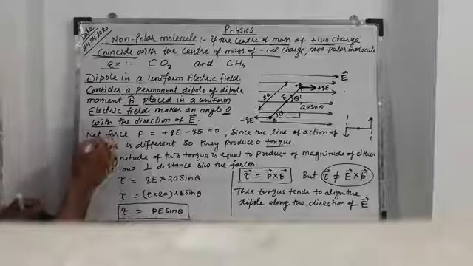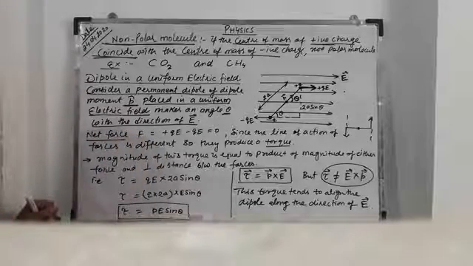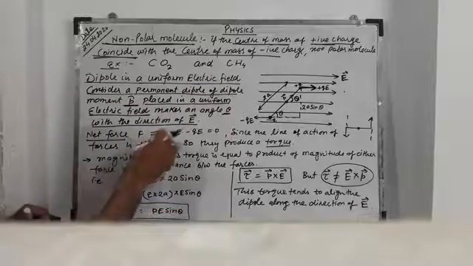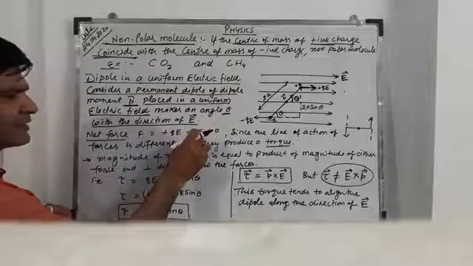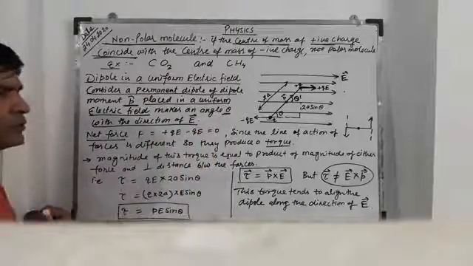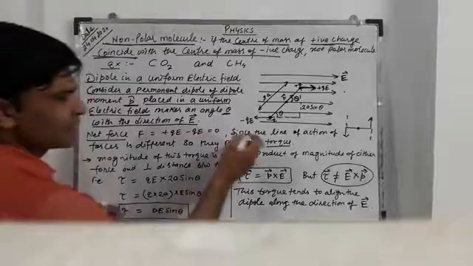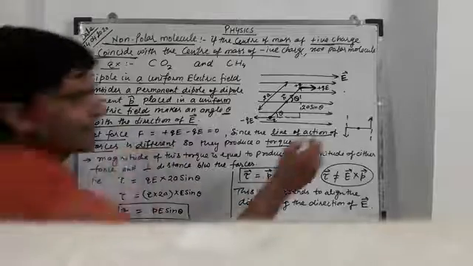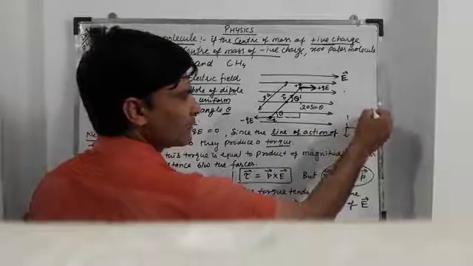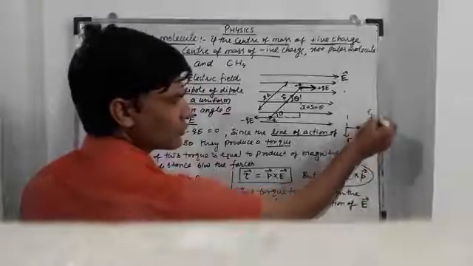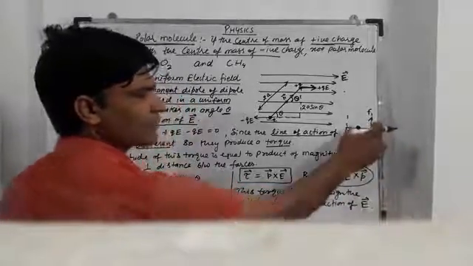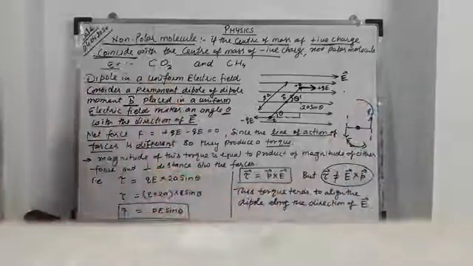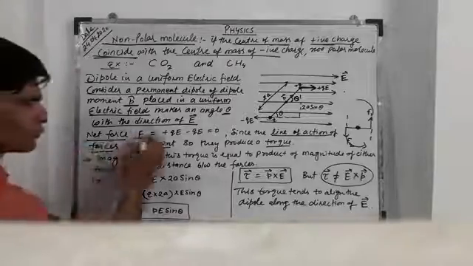The net force on the dipole when placed in a uniform electric field is QE minus QE, that is equal to 0. Since the line of action of forces is different, as you can see, if one force is acting on this line and another force on this line, then this system can rotate. So net force is 0.